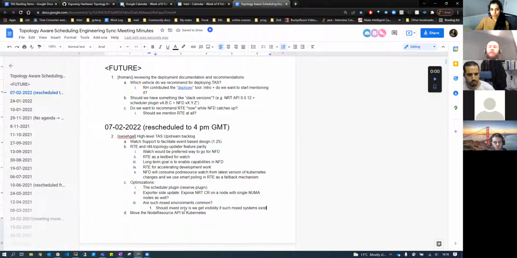But if this case arises, it could be solved just by two schedulers: the general scheduler responsible for nodes without NUMA, and a custom scheduler with a NUMA awareness plugin.